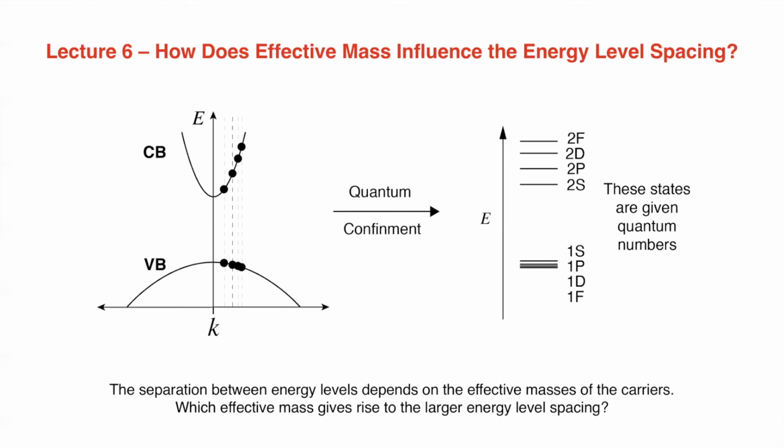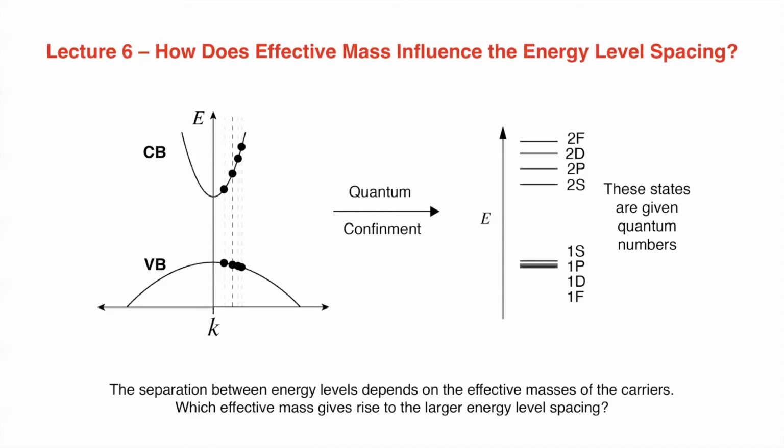The other thing you can see there is that those lines are often given quantum numbers. So these are like different quantum numbers for the hydrogen atom, and they're given these sort of generic S and P terms, one for the valence band and two for the conduction band, and so on.